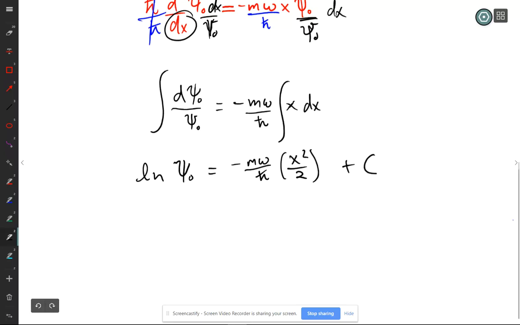Well, I want to solve this for psi, so what do you do to get rid of the psi? Yep, just do the exponential function of both sides. And I have psi sub 0 is equal to e to the minus m omega over 2 h bar x squared, and then put a constant out. I was going to do it longhand just to make sure we didn't get lost, but you're going quick.